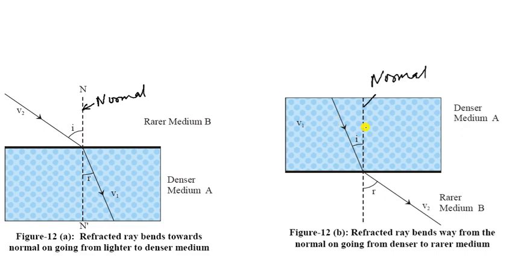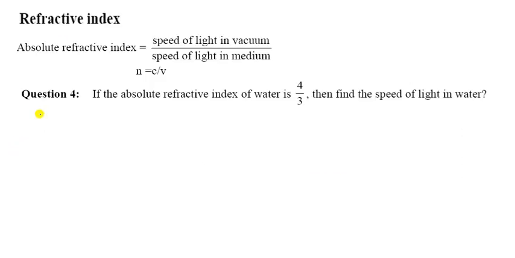So let us see what will happen in this case. You can see here the rays bend towards the normal when a ray of light is passing from a rarer to a denser medium. You can write here, this one is the normal, and here also you can see the normal.